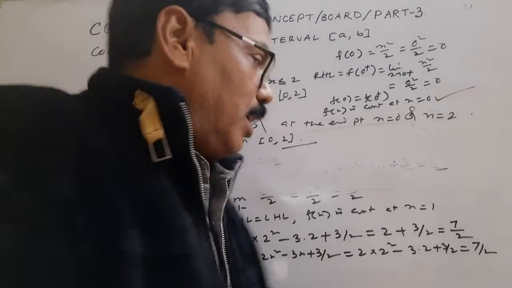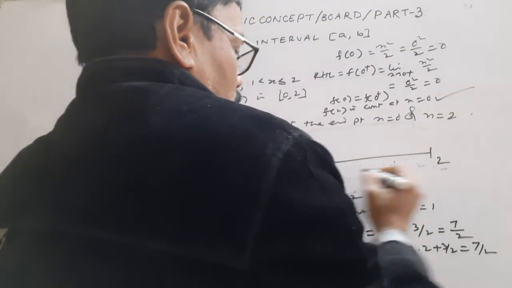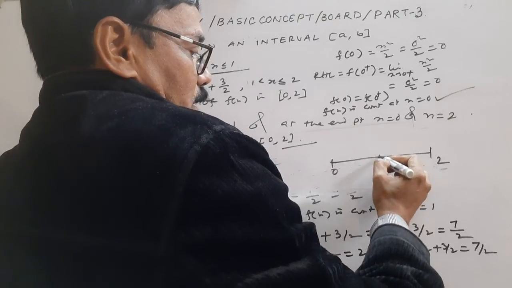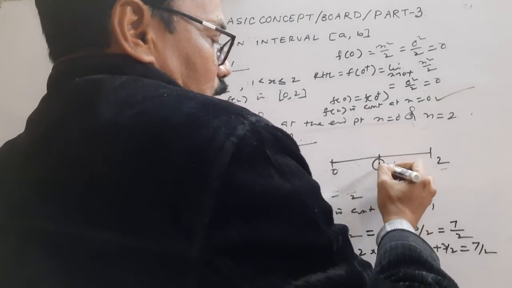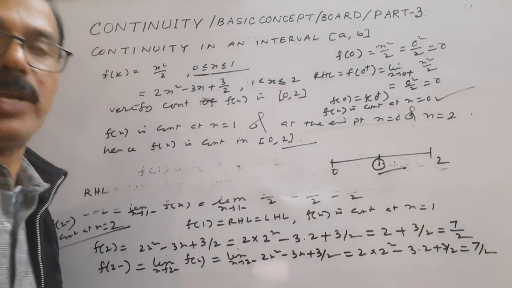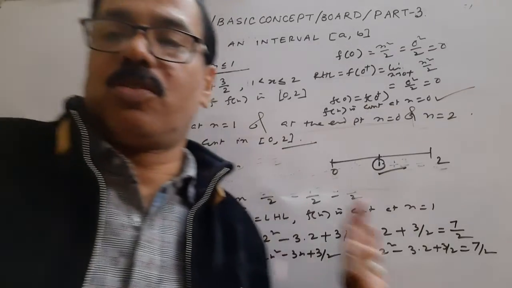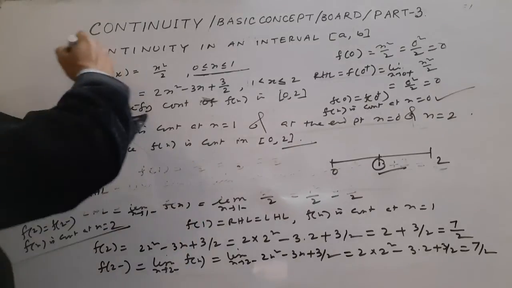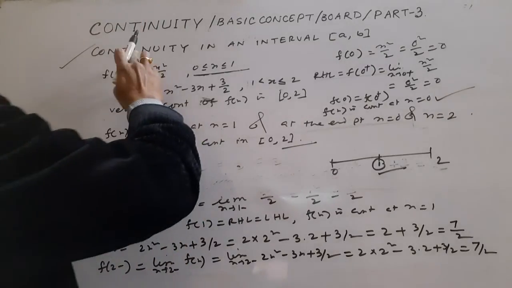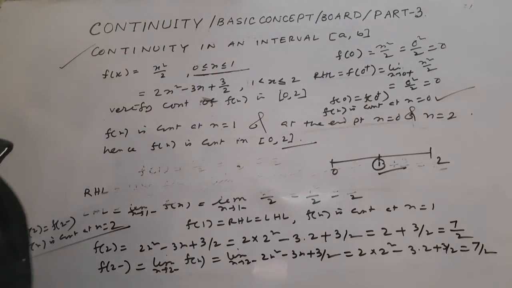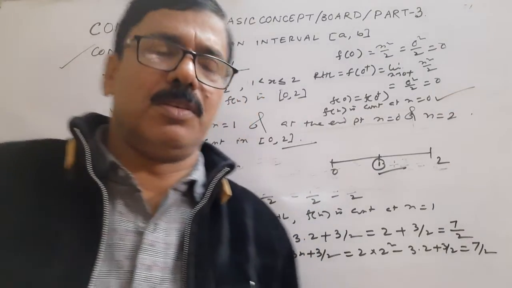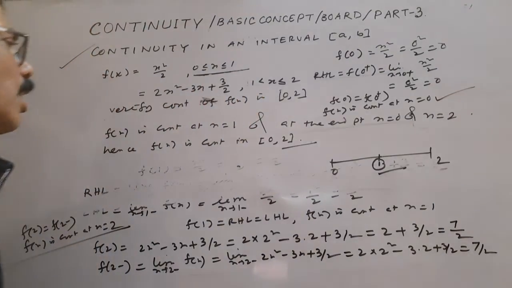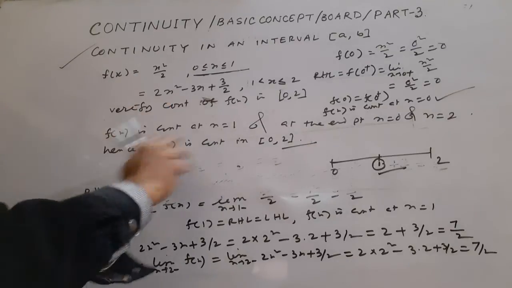So, for the interval 0 to 2, restriction is given at x equals to 1. So, you verify for 1 and end points and conclude. So, restriction, continuity in an interval. So, very simple because you get an algebraic function.